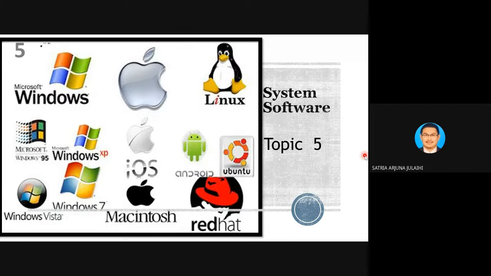On the slide here, you can see various pictures of system software. Those are operating systems. If you notice, you have Windows, you have Android, you have OS, you have Linux, and you have Ubuntu there. So all these are system software.